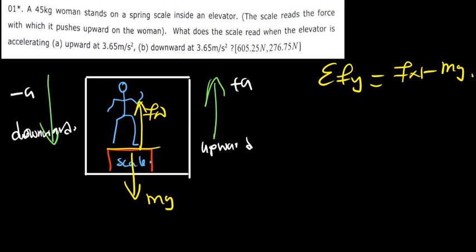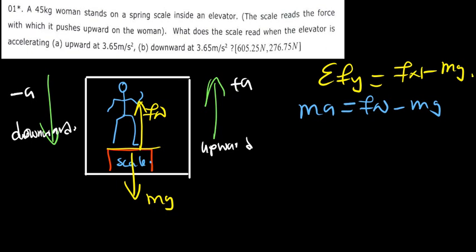Okay. So what we need to know now is, according to Newton's second law, as long as there is acceleration, where there is summation, replace it with mass times acceleration. So this is going to be replaced by ma is equal to Fn minus mg. Mostly, what we need to understand is that the scale is going to read the normal force.